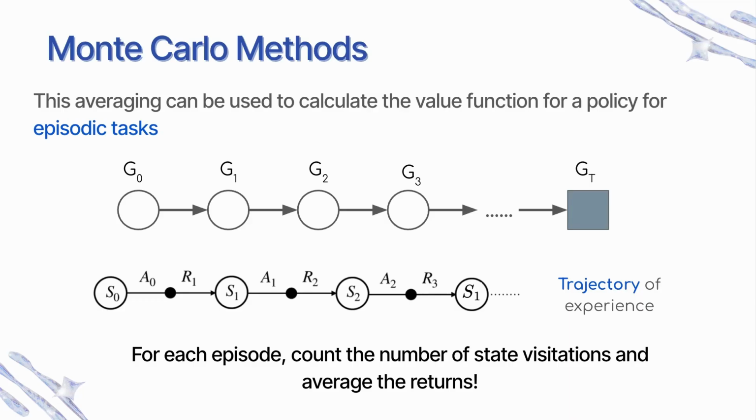Does that make sense? So if there's a loop, you wouldn't be able to use this method because it will never terminate the episode. You can only use Monte Carlo methods when the episode terminates, when there's an end to the task.